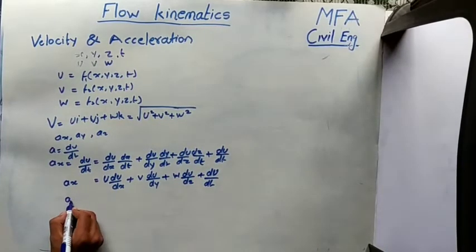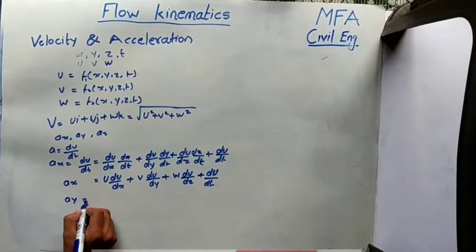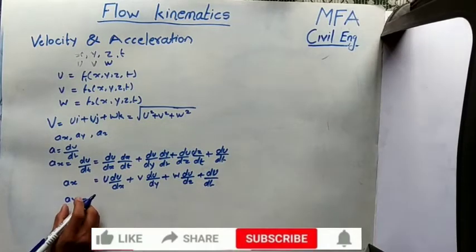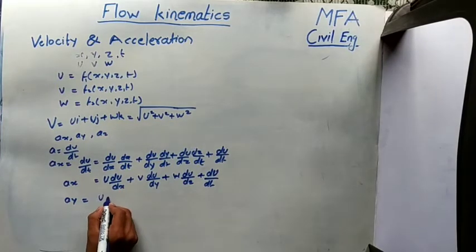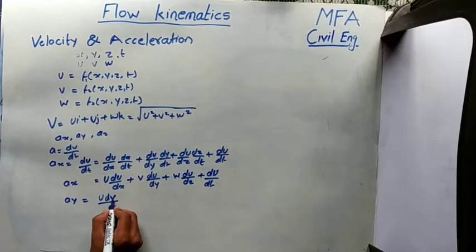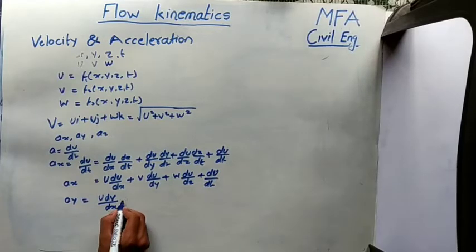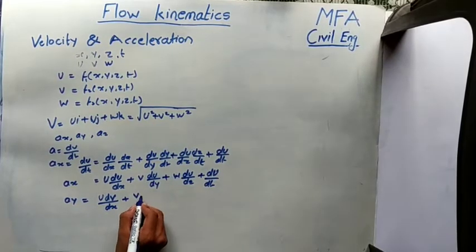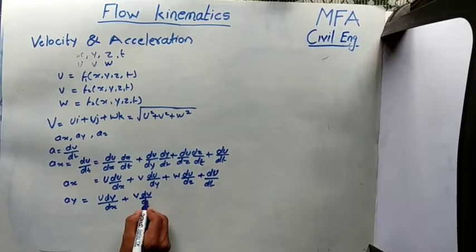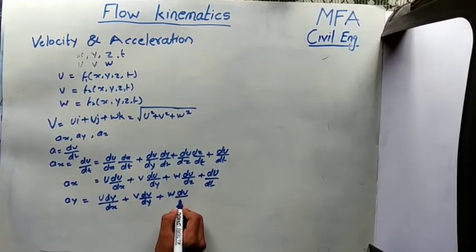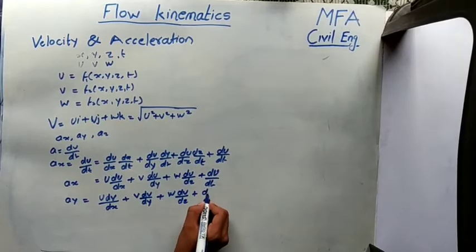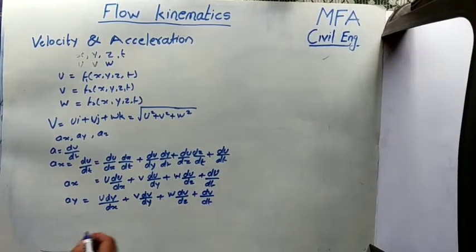Similarly, the acceleration component in the y direction is a function of the velocity component in the y direction, which can be written as u into dv by dx plus v into dv by dy plus w into dv by dz plus dv by dt.